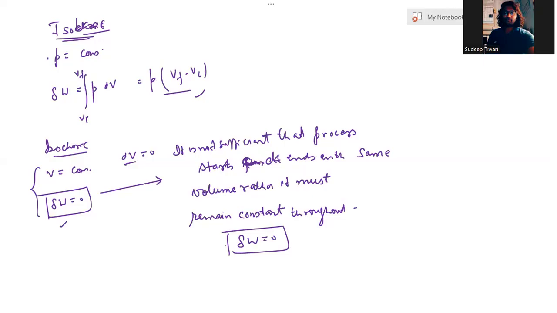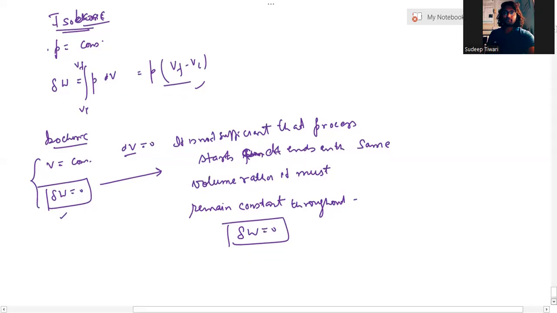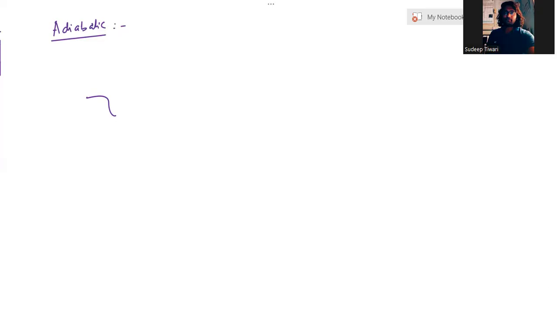Now, what happens if I'm talking of adiabatic conditions? If I remove my gaseous system from any thermal contact and put it to rest on an insulating slab, then there will be no heat exchange.